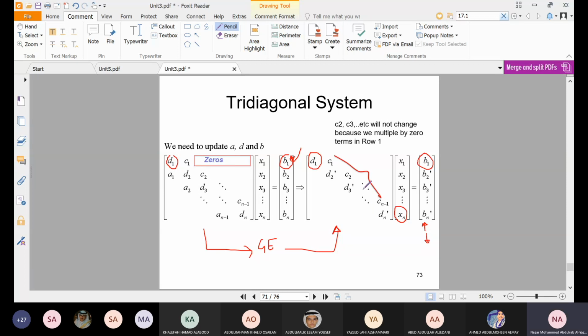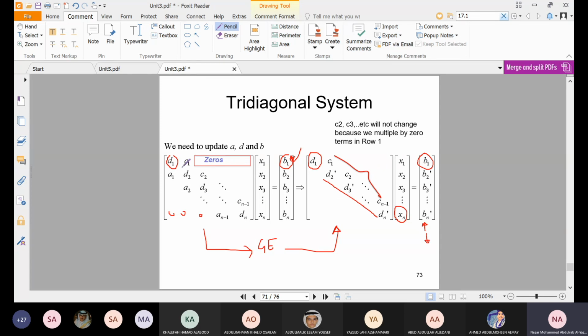The C's will not change because we multiply by zeros. The coefficients here are zeros, so when I multiply and subtract, this will not change the coefficients here. So I only have change in the D's from D2 to Dn, and the B's from B2 to Bn. The A's will go to 0, and the rest of the zeros will not change. We don't have any change in this coefficient, and also here I have zeros.